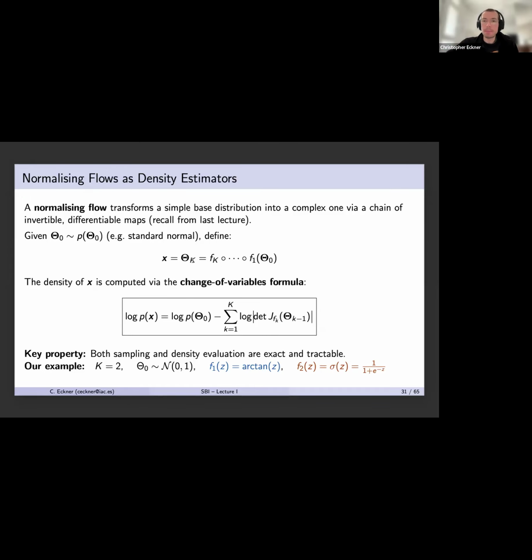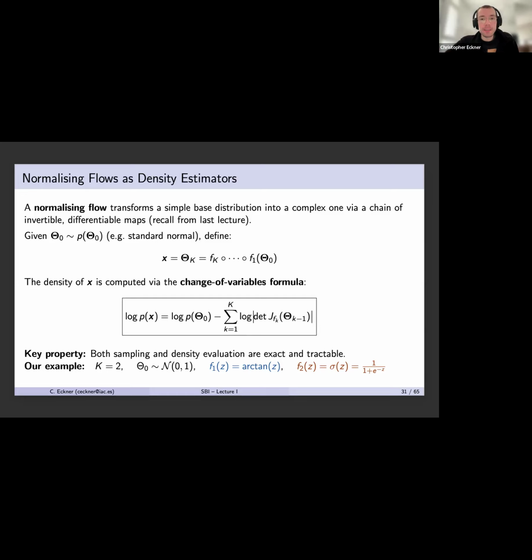Basically, if you draw samples from a normal distribution, you just get these numbers as a list of numbers, and you apply this function to these numbers, and then you get the transformed variables. What is not so simple, though, is to say what is now the underlying probability density function of these parameters x. So that requires a bit of computation.